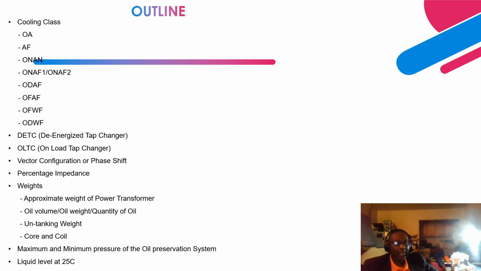Next is AF. AF means that the air is forced. In addition to that, if the transformer picks up additional load, that is when the stage cooling fans come on based on the temperature measured by the top oil temperature indicator.